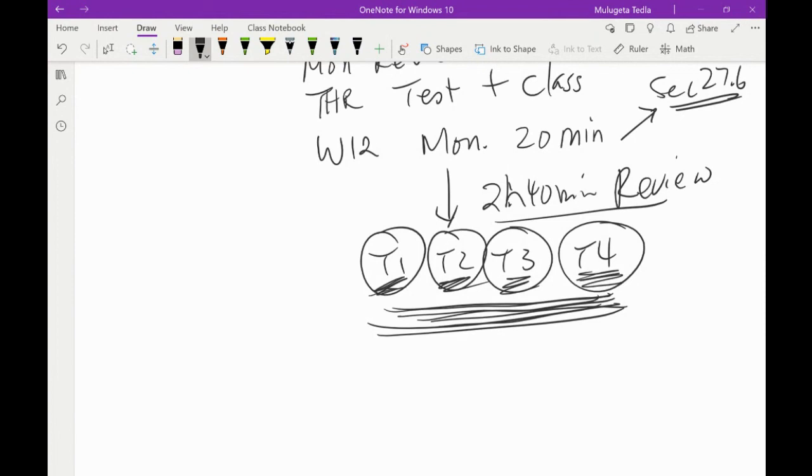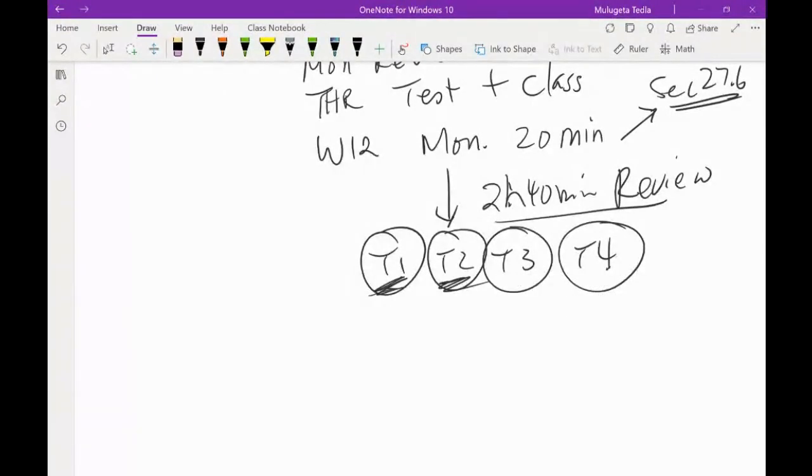So what I suggest is, as a resource, you've got test 1 to test 4 with their answers. I have been posting their answers, so it will help you review for your exam. And anybody can come for the review. You can come bringing questions, and that's the purpose.